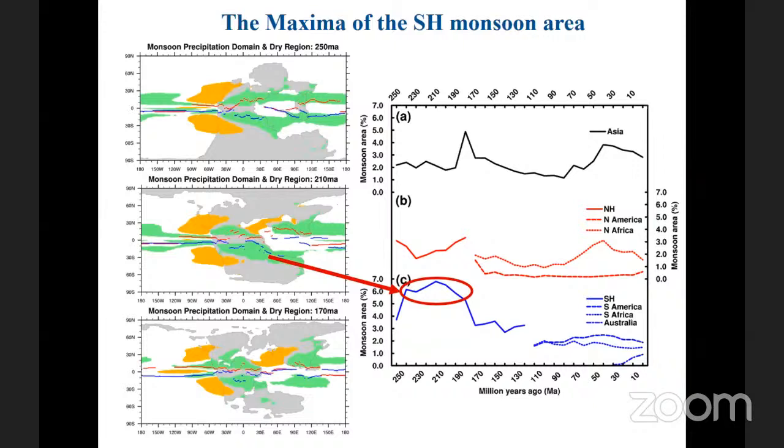That also means that if the continent has a big area and is at a good position, then you would have a large monsoon area. Otherwise, the monsoon area should be small.